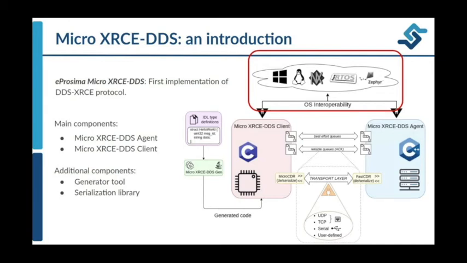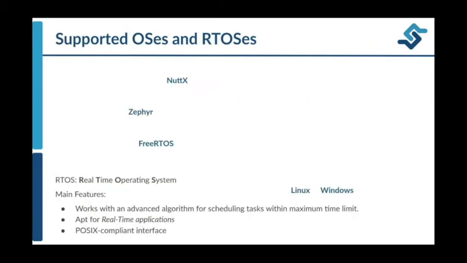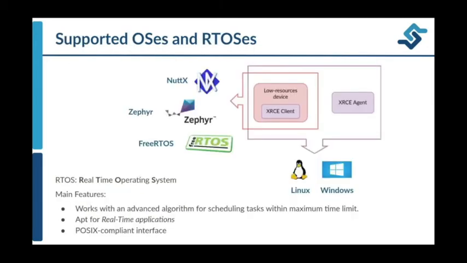By default, the project can run over Linux, Windows, and 3 more real-time operating systems that we will discuss more in detail here. Okay, so in this slide, I want to discuss the operating systems that are supported by Micro XRCE-DDS, but also by micro-ROS, as we will see later on.